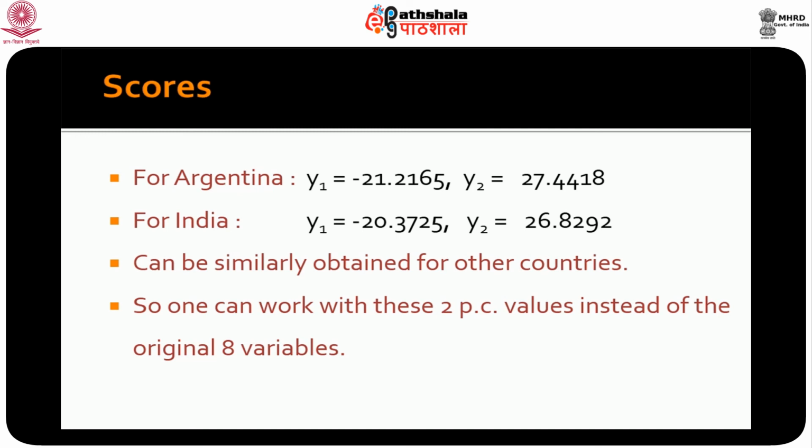Similarly, using the second equation, we can get y2 for India as 0.460 into 10.6 plus 0.434 into 21.42, etc., up to minus 0.524 into 131.98. That would be y2 for India. So, this way you can get the principal scores for each of the countries, and instead of using the 8 variables, we can do with only 2 principal components.